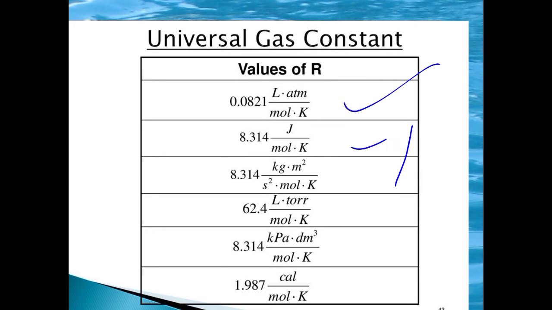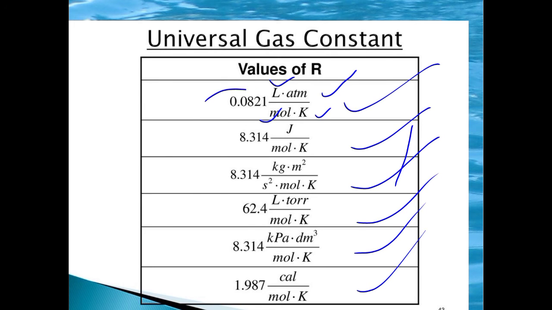According to the pressure and temperature given, the R value will change. If the pressure is given in atmospheric pressure, that is 1 atm, 2 atm, etc., and the volume is given in liters, the number of moles in moles and temperature in Kelvin, this will be the gas constant value.